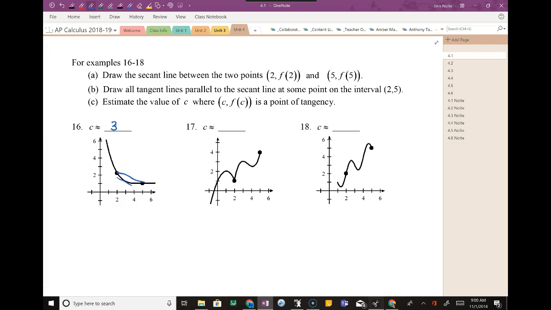Okay, what about number 17? Two and a half. So maybe 2.5. Yeah, I'd agree with about 2.5, and maybe about. What do you think about that one? Maybe like 4. I don't know.